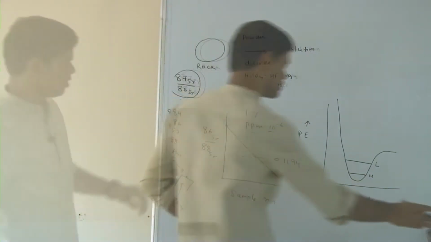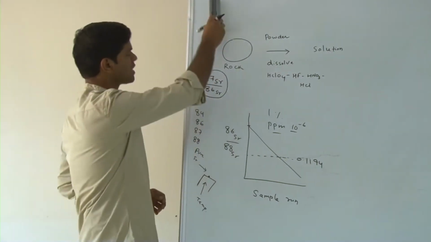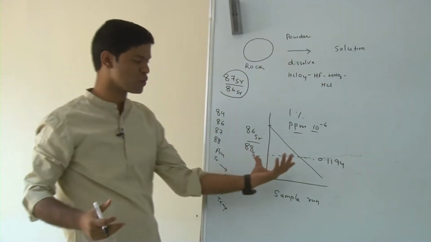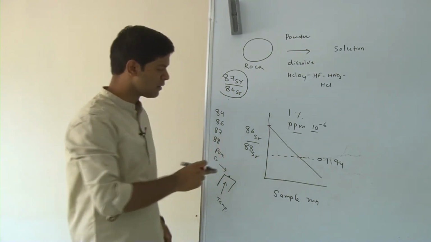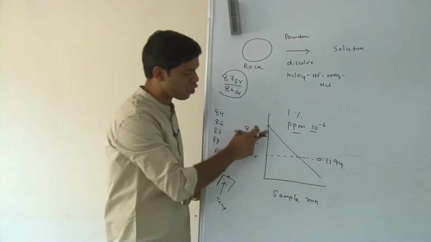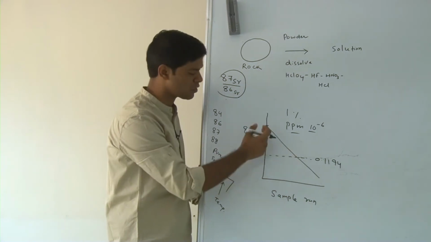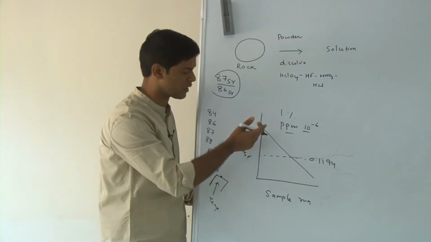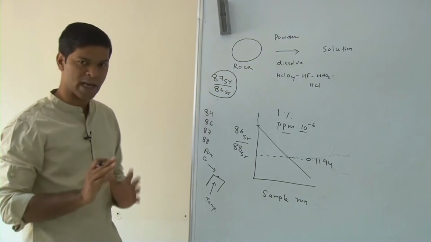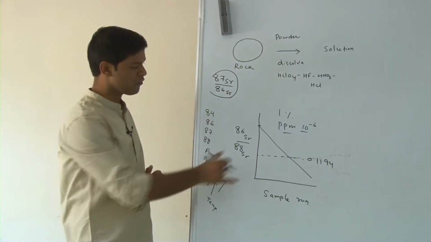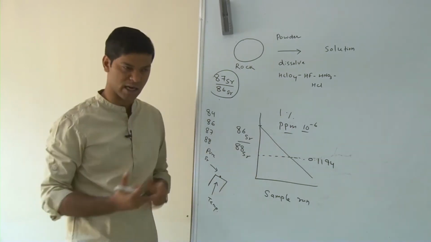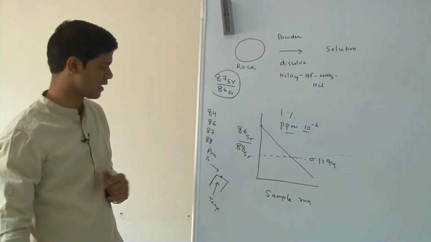And how do you do it? There have been studies to understand how this instrumental fractionation occurs in different instruments, and scientists have realized it can follow a linear trend. At some point it can follow a power law or an exponential law, and accordingly you have to make corrections. But for today I will assume a linear trend, and accordingly we will make the necessary corrections.